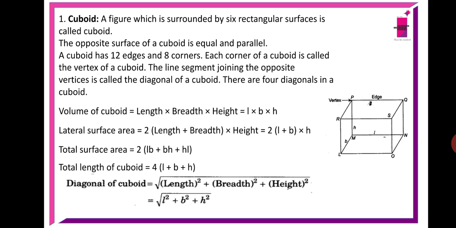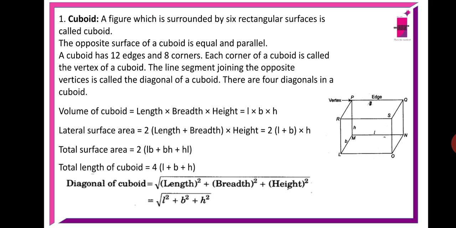So the lateral surface area of a cuboid is 2 into (L plus B) into height. Simply, you can say perimeter into height also.